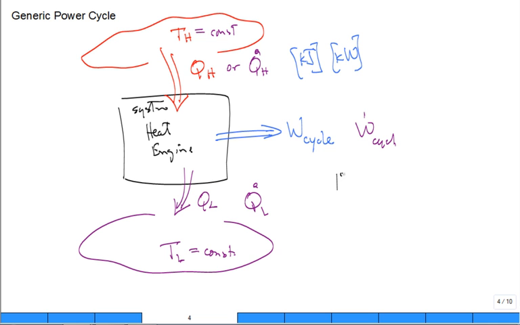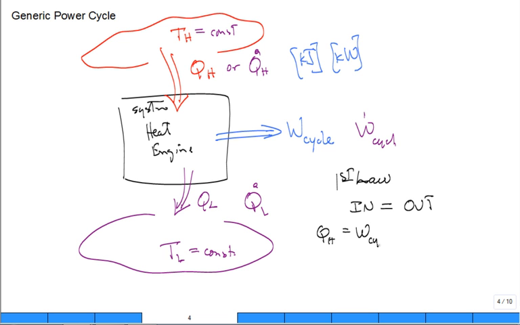Now, the two things we want to cover here. One is the first law, or energy balance. Energy is conserved. So you just say the ins equal the outs, kind of like your bank account. It's running at steady state, so there's no accumulation or depletion. What comes in goes out. So what is my one in? QH, or Q dot H. What are the outs?